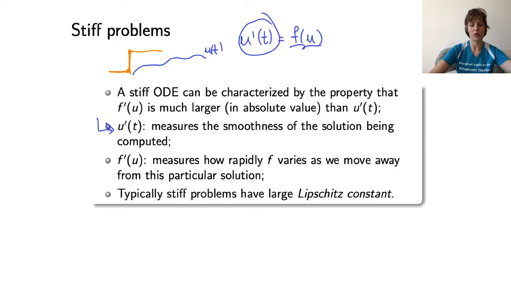So when we do some approximation, if F prime of U is big, it means that the system is highly nonlinear, okay?